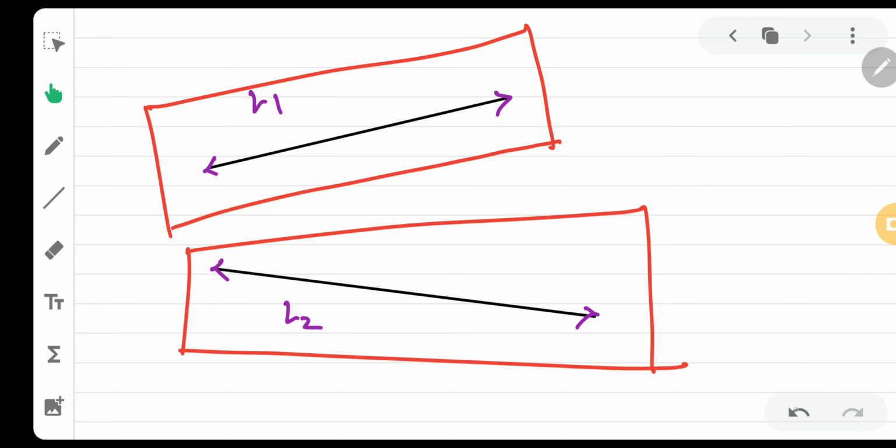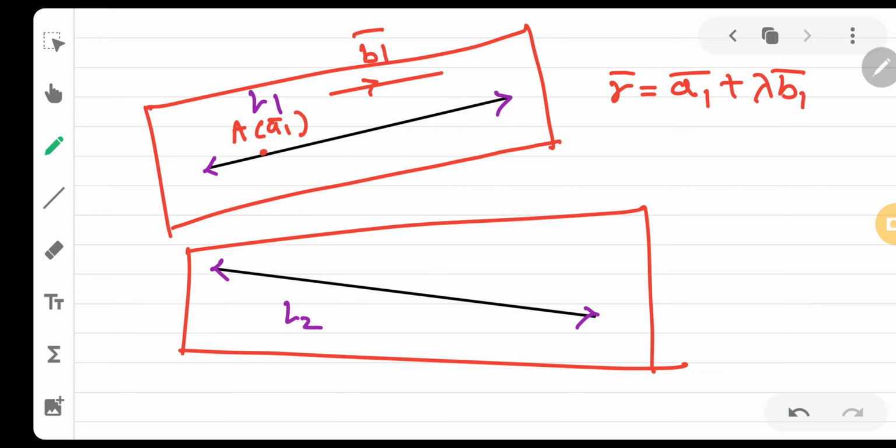So for an easier diagram, we need to understand the equation of a line. The first equation of a line: r bar is equal to a1 bar plus lambda b1 bar. What does that mean? That means you have a point A on the line which has a position vector a1 bar, and this line is parallel to a vector b1 bar, right?